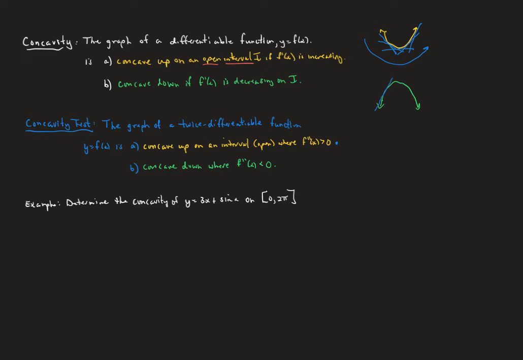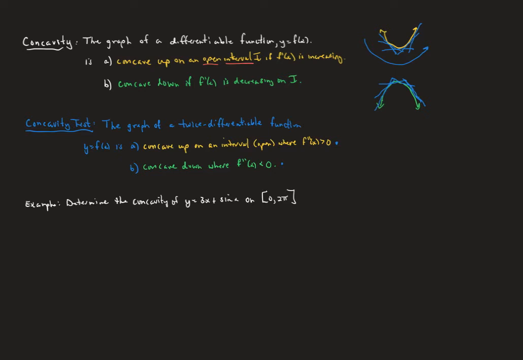So here we have on this green concave down curve that the slope of the tangent line here is positive, then 0, then negative. So those slopes of the tangent lines are decreasing. That is, f prime of x is decreasing, which means its derivative is going to be negative. And again, an interval is concave down when it lies below all of its tangent lines on that interval.